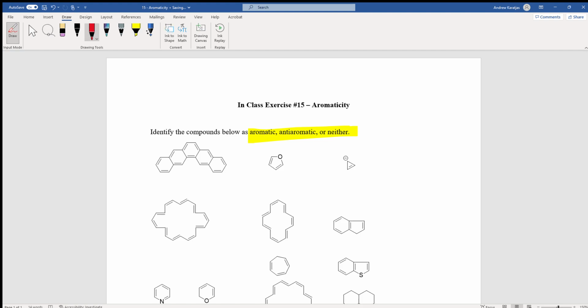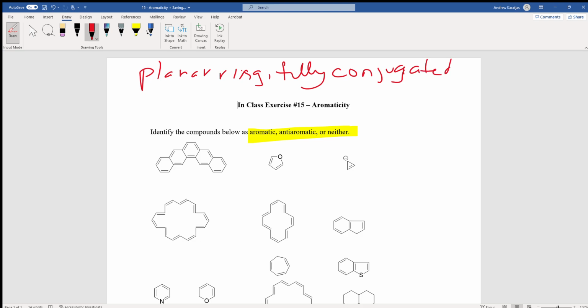For a compound to be aromatic or anti-aromatic, it needs to be a planar ring, fully conjugated, and if it's aromatic, we should have 4n plus 2 pi electrons.